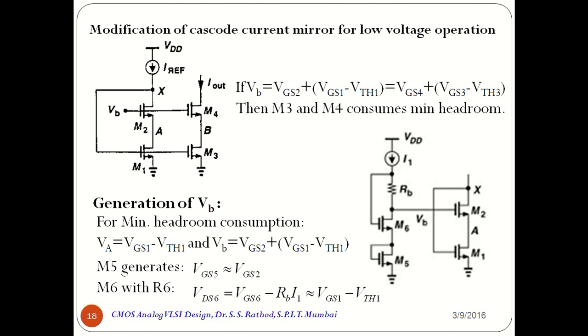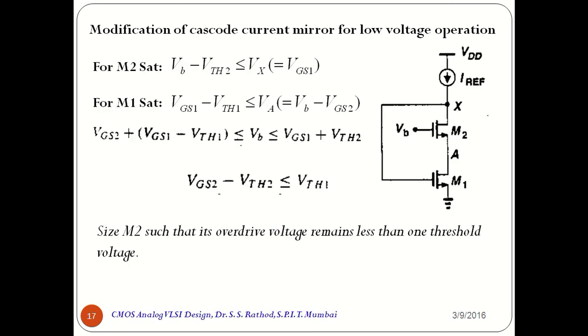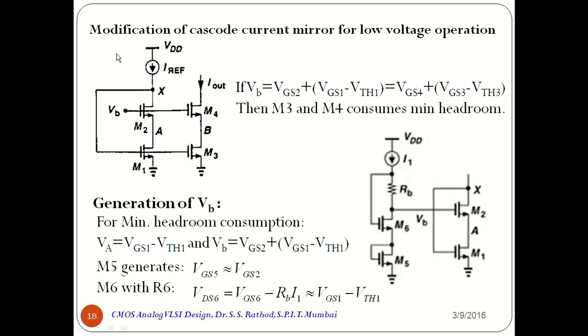This is the modification of the cascode current mirror for low voltage operation. So the earlier circuit, that is this M1, M2 and VB along with I reference, is connected over here, and now we have connected M3 and M4 to get the I out.